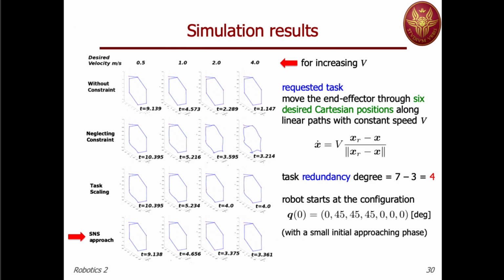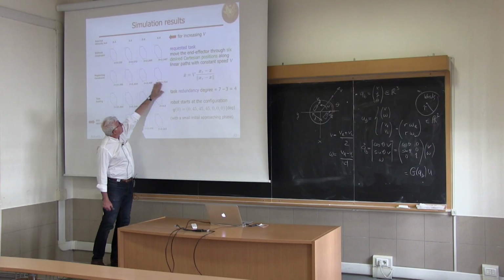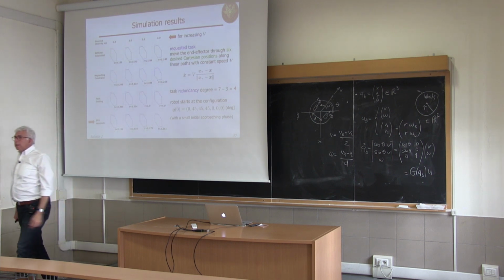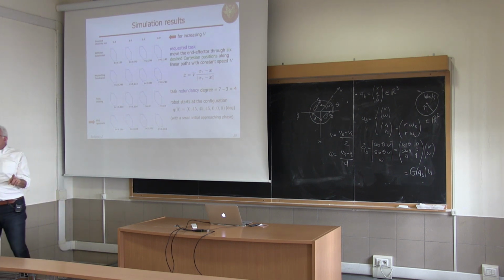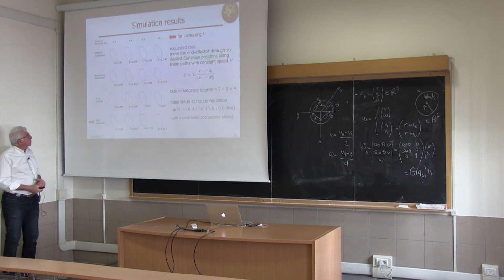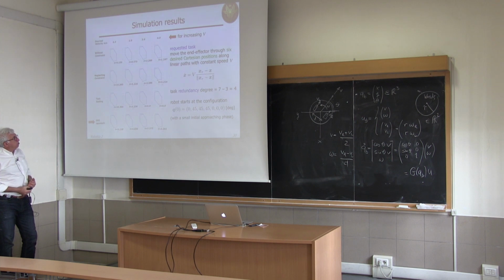You can see that there's some deformation of the path, and the faster you go, the more you're not executing the correct hexagon. You still have the Cartesian controller active, so you don't wander anyway. You try to recover, but in fact, you take more time and you don't execute the geometric path correctly.